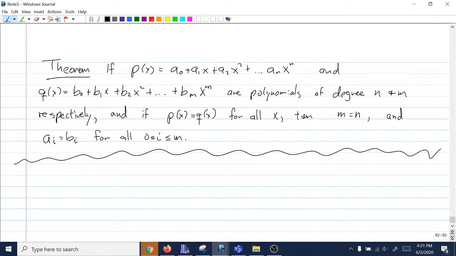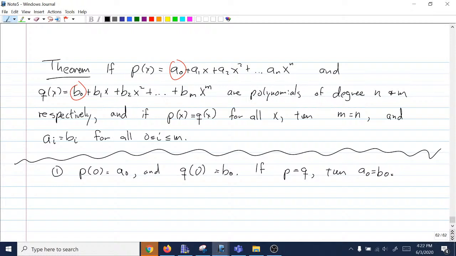One of the coefficients you can grab for free by plugging in 0, right? p of 0 equals a0, and q of 0 equals b0. If p and q are the same functions, then a0 equals b0. So we got the first ones that are equal right away.